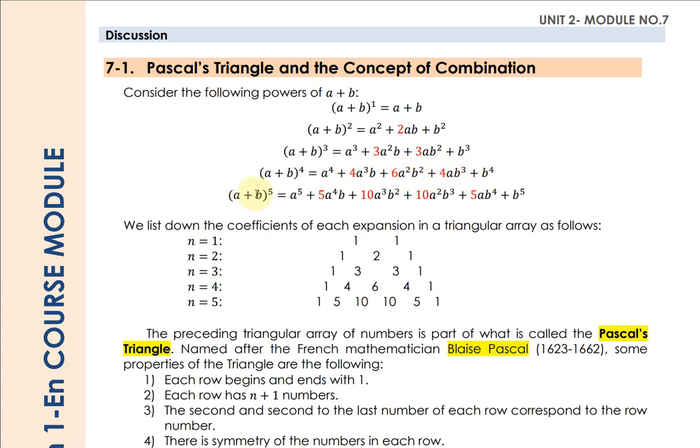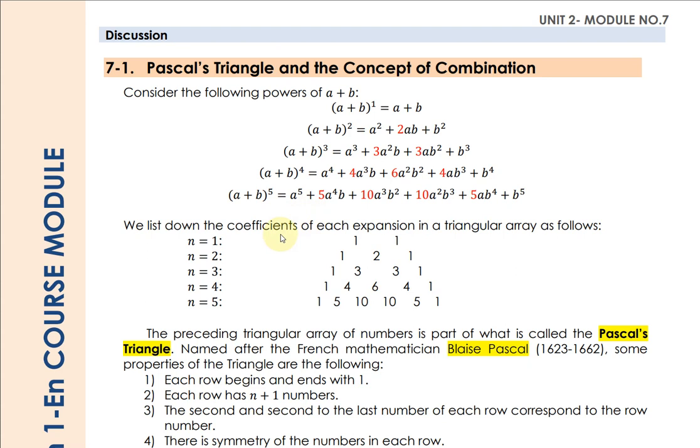And if you have to the power of 5, then this will be its expansion. So imagine if you have a plus b to the power of 20. That would be a long list of terms to get.